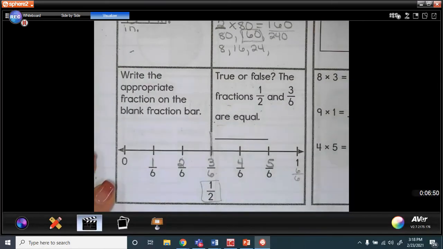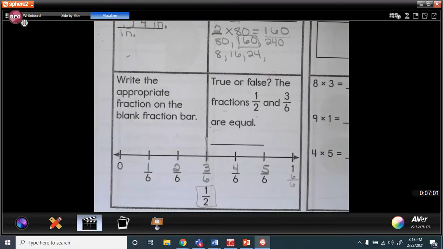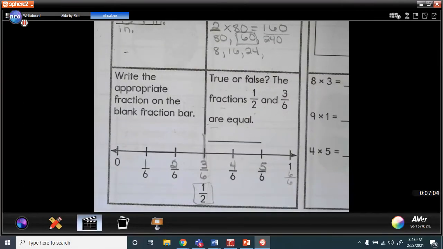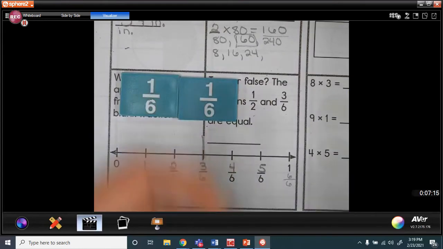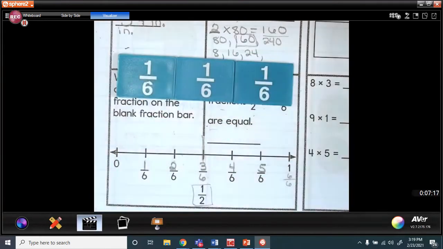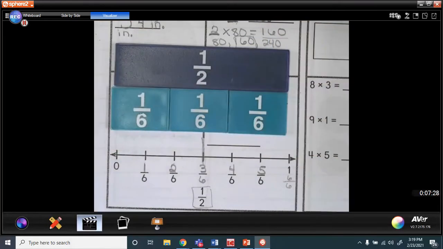Also, if you take a look at your fraction bars, and we're going to work on this next week with equivalent fractions, but just to take a look at it using our fraction bars, we could also take our 3/6 strips. So if I take 3 of my 6ths and I compare those 3/6 to my half bar, you will notice that 3/6 is the same as 1/2.